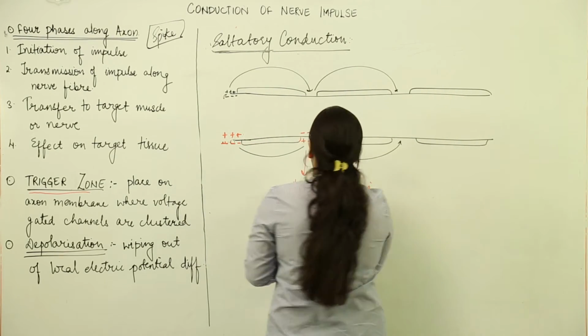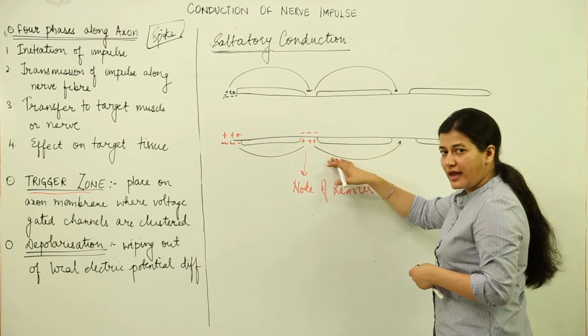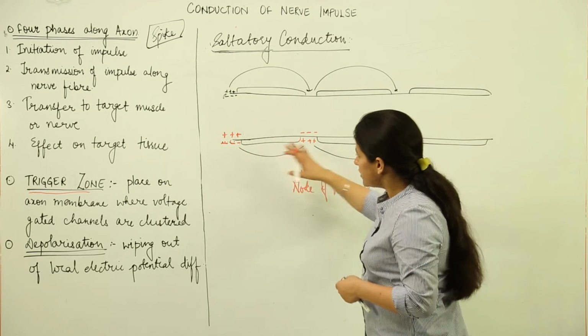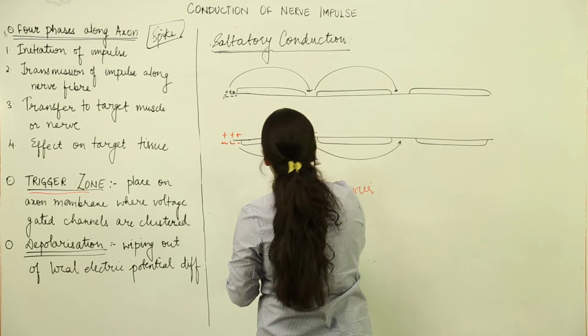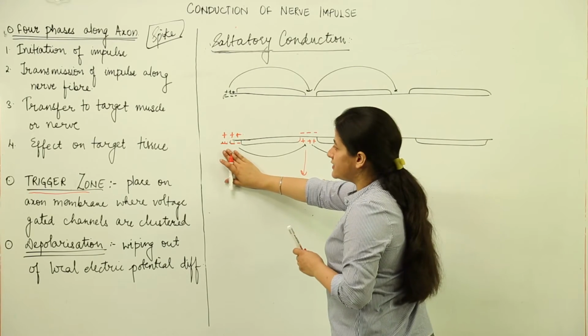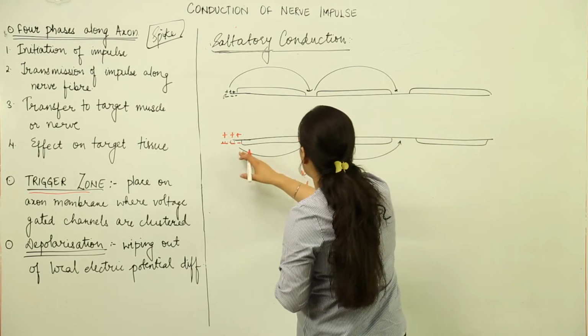Now this node of Ranvier is at a greater distance, and it is not in direct contact, but at least it is in close vicinity, because all this part is microscopic. So this depolarization wave would reach over here within seconds.